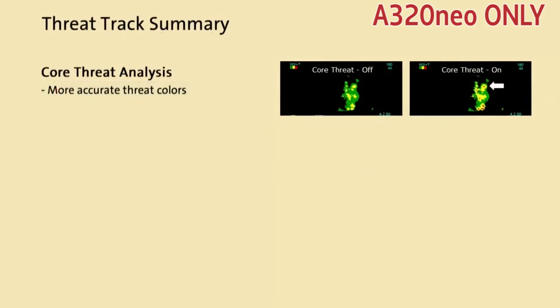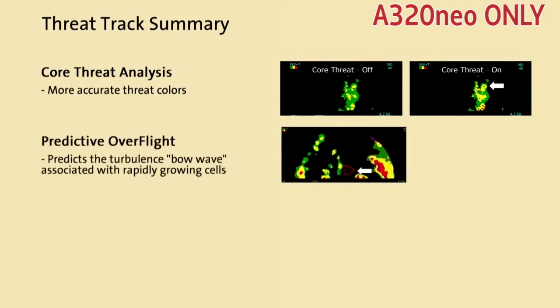In summary, remember these key aspects of the Rockwell-Collins MultiScan ThreatTrack radar. Core threat analysis more closely relates the color of the cell on the ND to the actual thunderstorm threat. Predictive overflight measures a cell's growth rate and then predicts the turbulence bow wave above the growing storm.